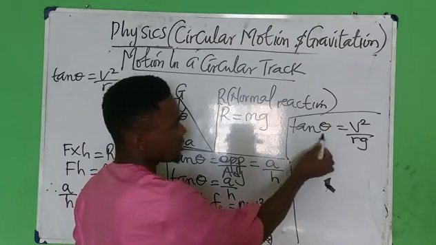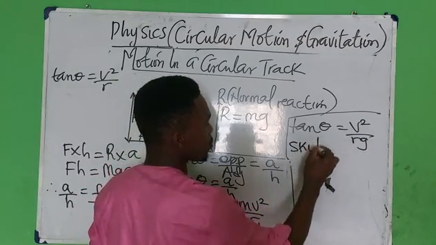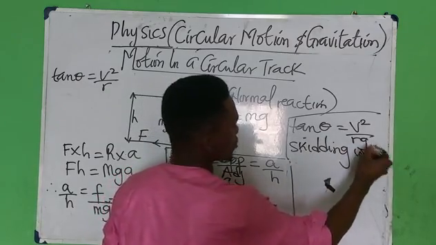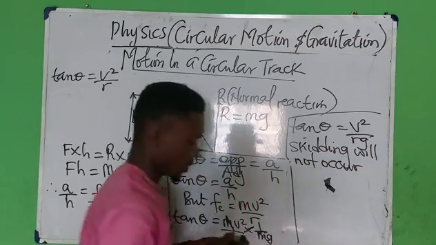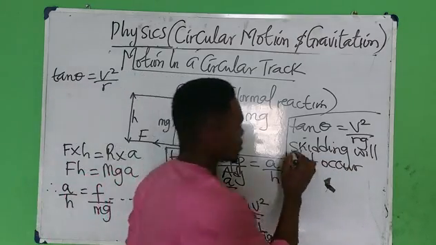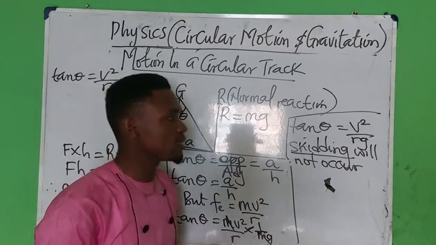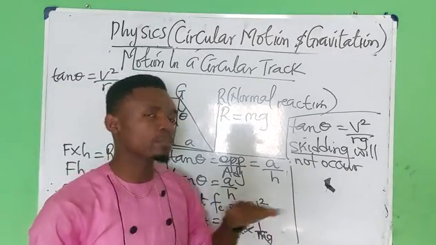However, let me say something. Now that tan theta is equal to v squared over rg, skidding will not occur. What is the meaning of skidding? The word skidding is a phenomenon characterized by a body sliding from its normal position.